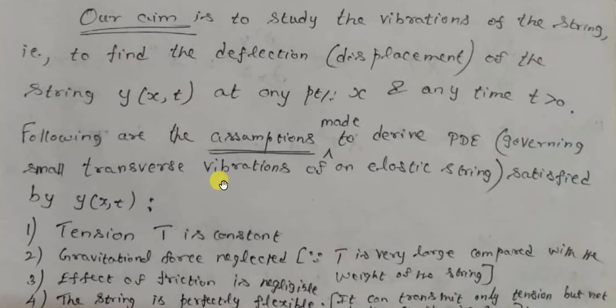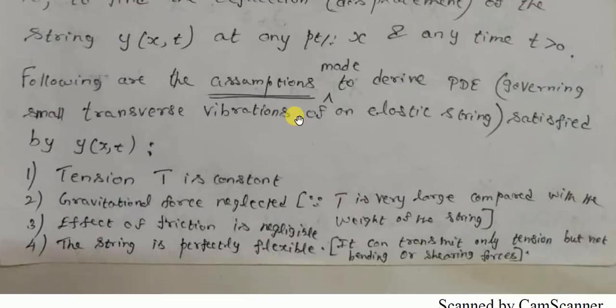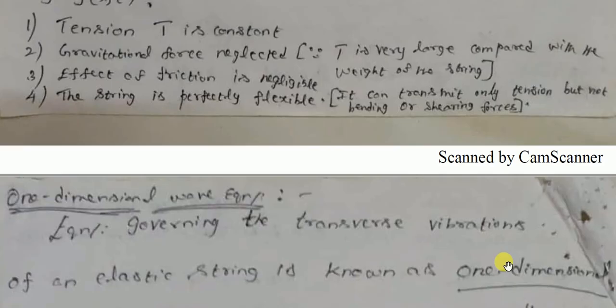With these following assumptions, we are aiming at finding the solution of the one-dimensional wave equation. The assumptions are very important. Tension T is constant, gravitational force is neglected, friction is negligible, and the string is perfectly elastic. It can transmit only tension but not bending or shearing forces.